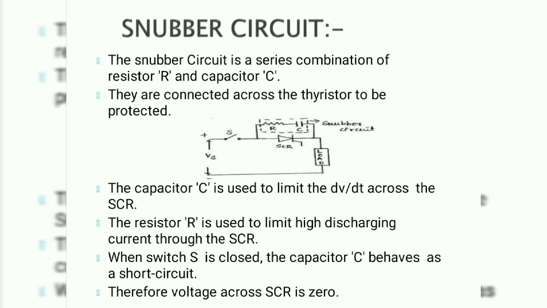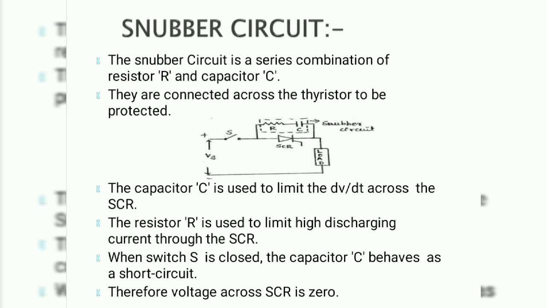See here, the snubber circuit consists of a switch. R and C components are connected in series, and again these R and C are connected parallel to the SCR. So R and C components are known as a snubber circuit. A snubber circuit is a series combination of the resistor R and capacitor C. They are connected across the thyristor to be protected, which means it is going to protect the SCR.